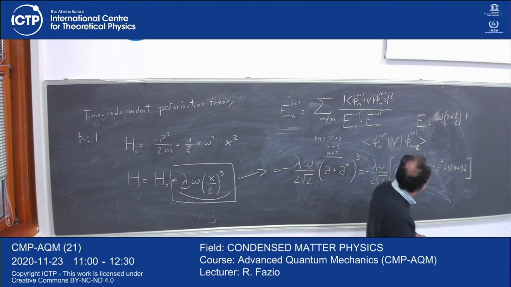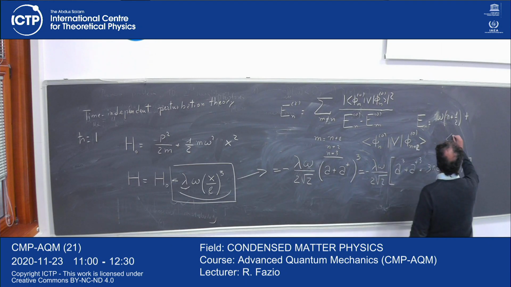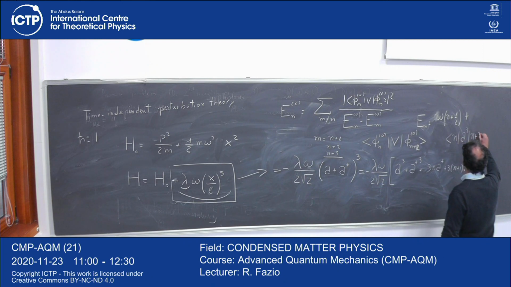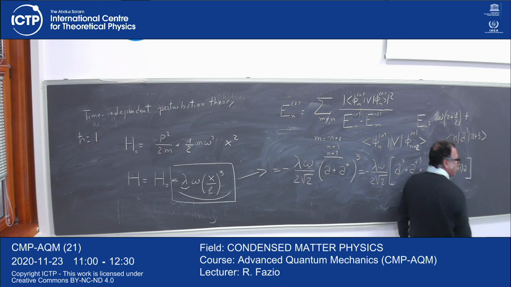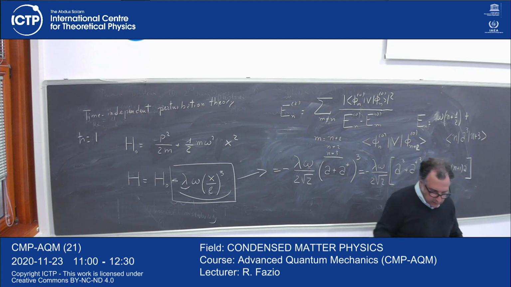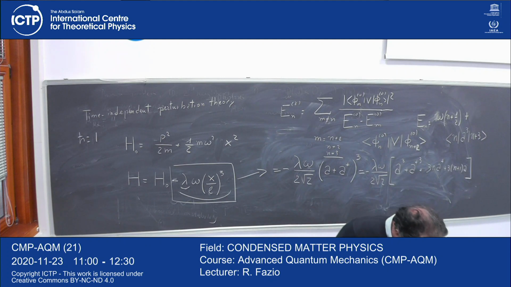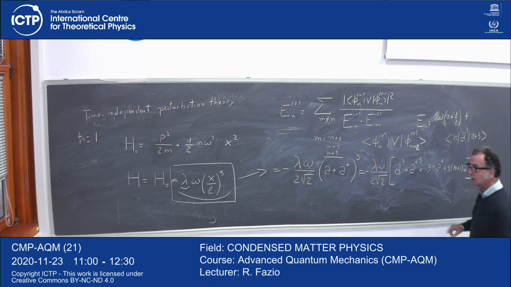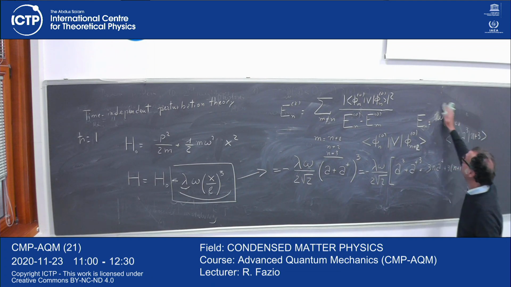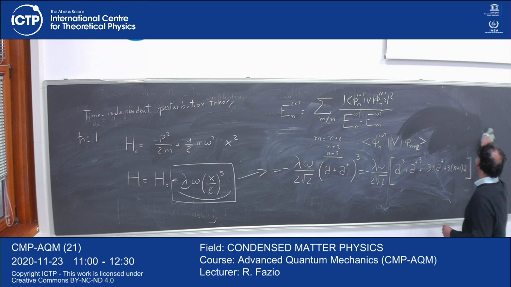So you have to compute matrix elements of this kind, and a cube n plus 3, this type of thing. You have coefficients, you put everything together, and I give you the result. So just do the calculation yourself, but I want to discuss the result.